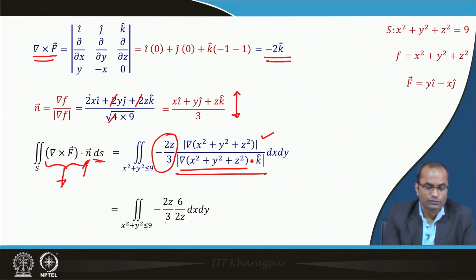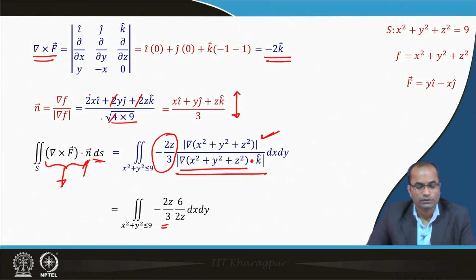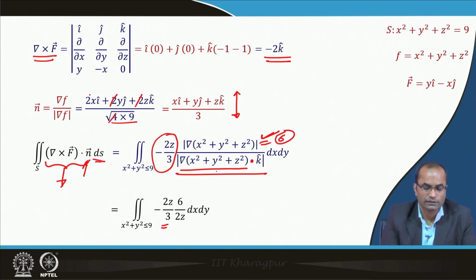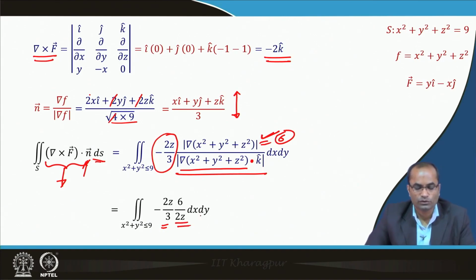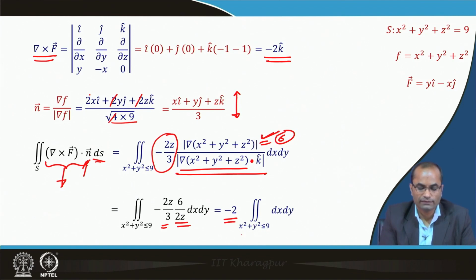So, this is minus 2 z by 3, and then this we need to compute, this will come as 4 into 9, so 36, and as a result this will be just 6 there, and with this dot product, this will be coming as 2 z, the absolute value, because z is positive. So, we have written just 2 z there. So, it is minus 2, and then we are integrating over this disk dx dy.